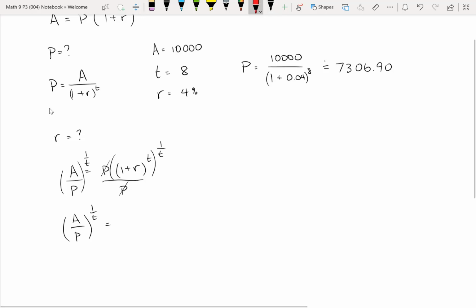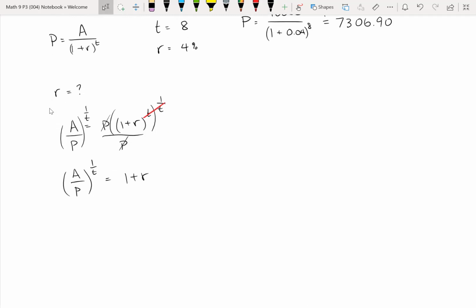And these just cancel each other out because t times 1 over t is just 1. And so what I end up with is just 1 plus r. And now it's a very easy step to get r on its own. I subtract 1 from both sides, and I have r equal to A over P to the power of 1 over t, minus 1.